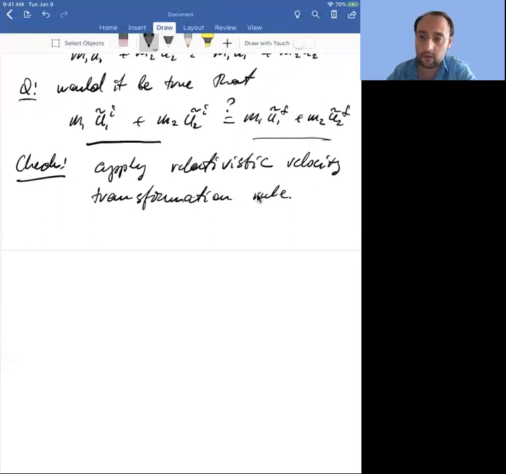So I'm going to write down what that looks like, and you can convince yourself that that's correct. So we have m1 times, this is going to be a kind of long expression, and it's just the product of both of these terms. Sorry, this is supposed to be initial. See, I'm getting good at catching typos.